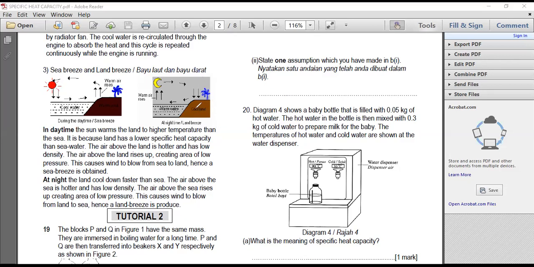So the land is cooler compared to water, and water is hotter compared to land. The air above here will be lower density because it is hotter. The air rises up, creating an area of semi-vacuum, or low pressure. So here becomes low pressure, and the wind will blow from land to sea.